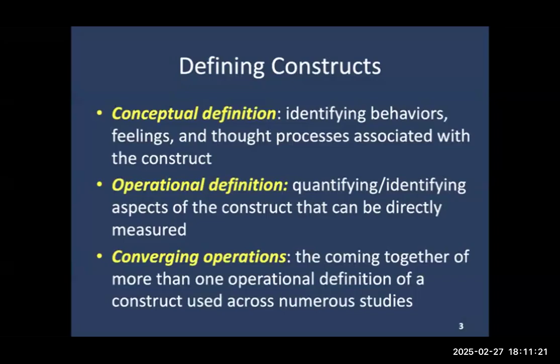So converging operations is when we'll say, okay, if they smile more than 5 times in half an hour and they are showing a smile, like they are laughing or they have a positive affect in the sense that there are no frowns, there's lack of any negativity, all these different ways that we are considering happiness, these different operationalizations come together to support the conclusion that this person is a happy person. So we actually want converging operations when we are studying a construct.